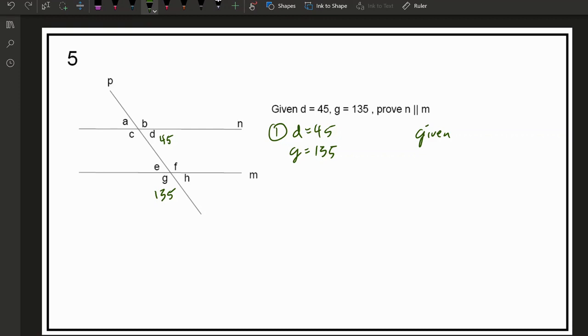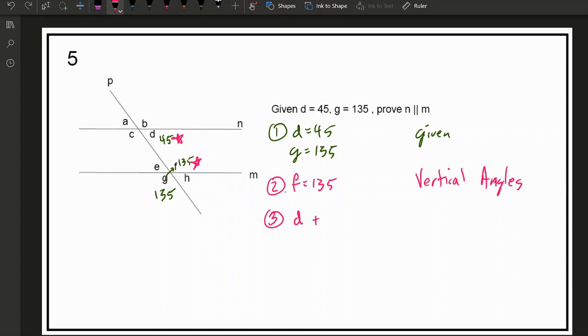So if G is 135, then I can just jump across here with vertical angles and say F is also 135. So I can say, step 2, F is 135 because of vertical angles. And now I can go ahead and say, for step 3, looking at these two angles right here, I can say D plus F is equal to 180.